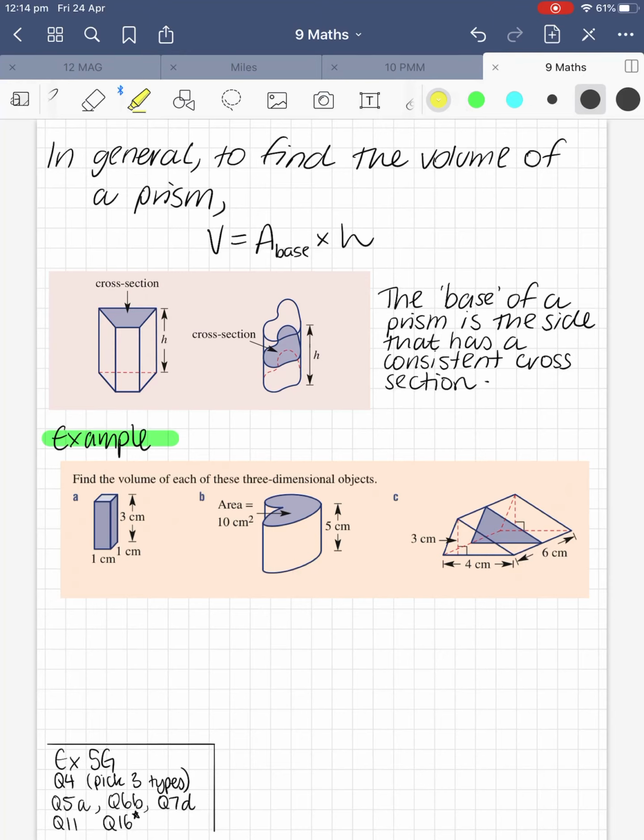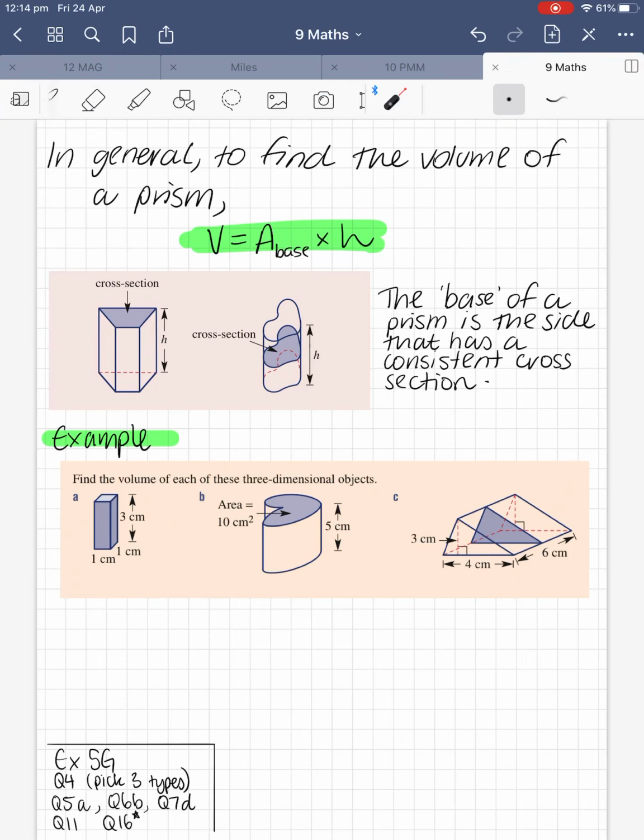Moving on now. If we are trying to find the volume of any given prism, we have a general rule, and it states that V is equal to the area of the base of the prism multiplied by the height of the prism. Now here we've got an example of what a base looks like. Now a base can also be thought of as a cross section.